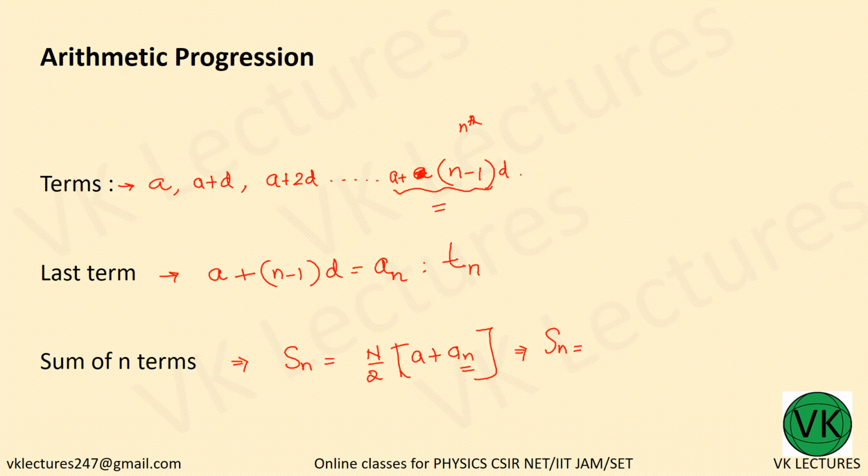You will get n by 2 times, sorry, this is not capital N, this is small n, the number of terms, n by 2 times 2a plus n minus 1 into d. Fine. Okay, so from this you need to remember only these things.